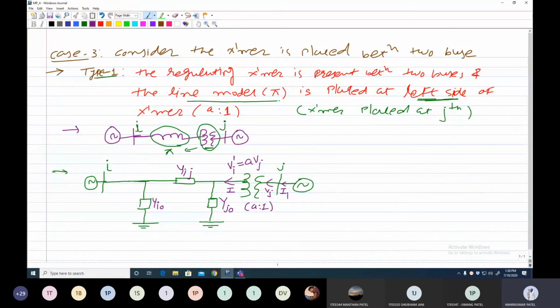Similarly, as you have written for the voltage, what will be the value for the current at the secondary side using this transformation ratio? What is the value of current Ij?